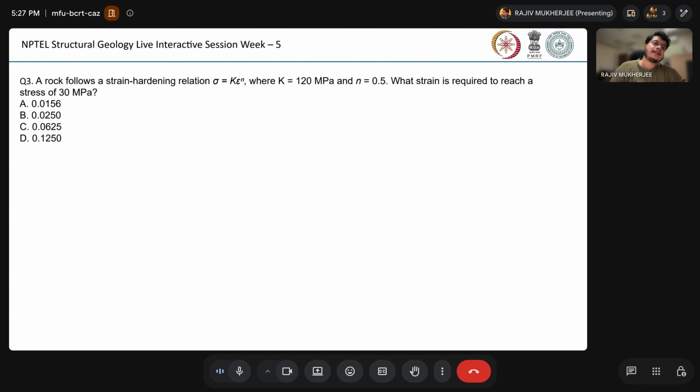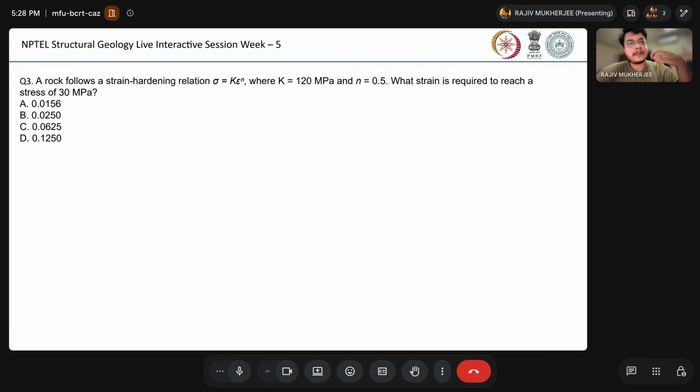the yield point is essentially the stress and strain at which the material shifts from elastic deformation to plastic deformation. Post yield means that the material is now undergoing plastic deformation, so any strain we are talking about is now inelastic or permanent strain.